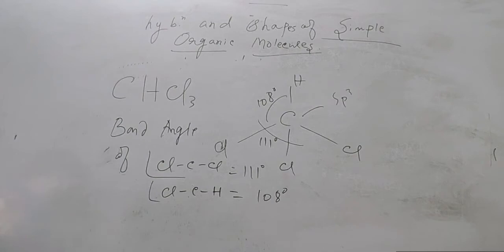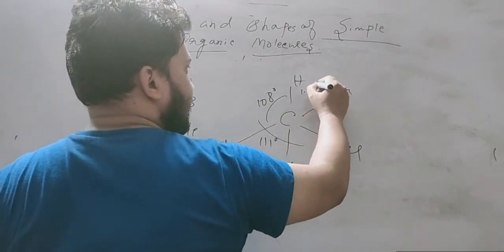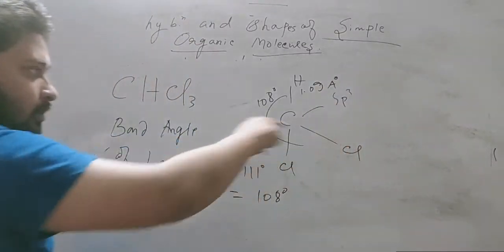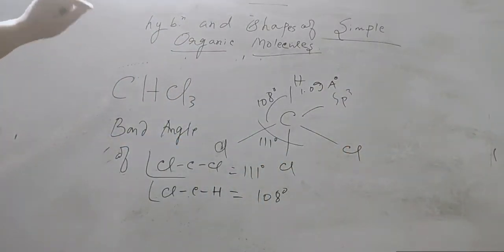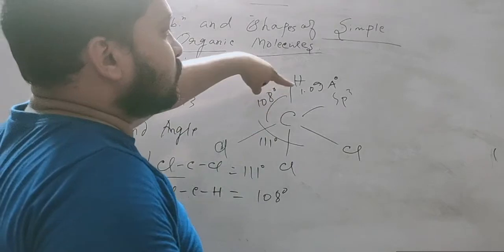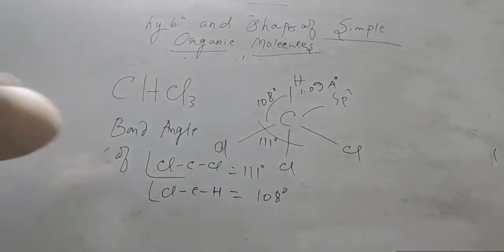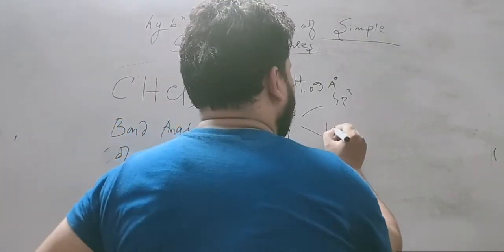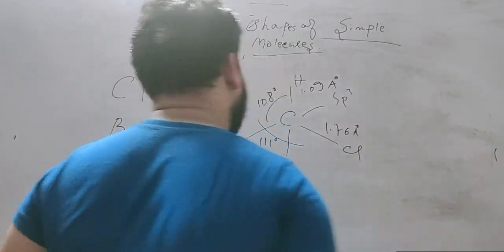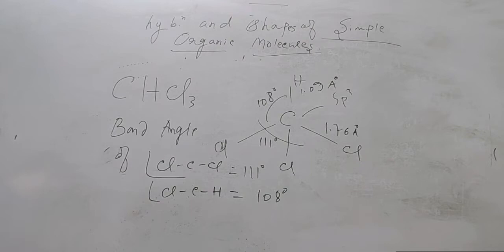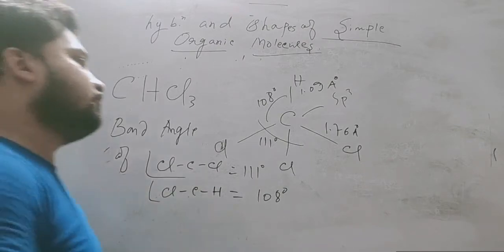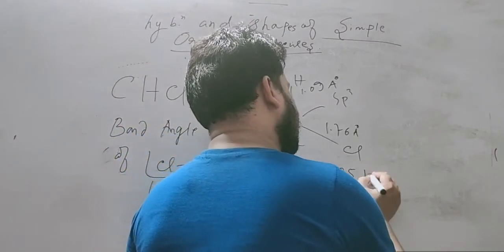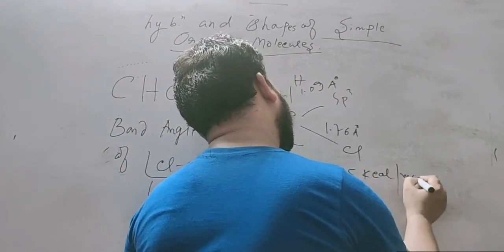The bond length between C and H is 1.09 angstrom, and the bond length between C and Cl is 1.76 angstrom. The required energy to break this is 85 kilocalorie per mole.